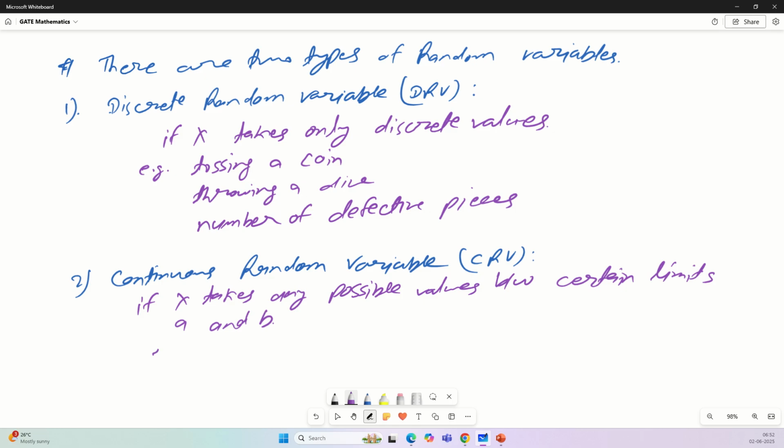So for example, if I want to find out what is the random variable which represents continuous random variables, that can be taken as, let us say, height. Like in a class, if you want to find out height of all the students, it can take any values, you are not sure about it. Then you can take weight as well, or you can take age of students in a class.